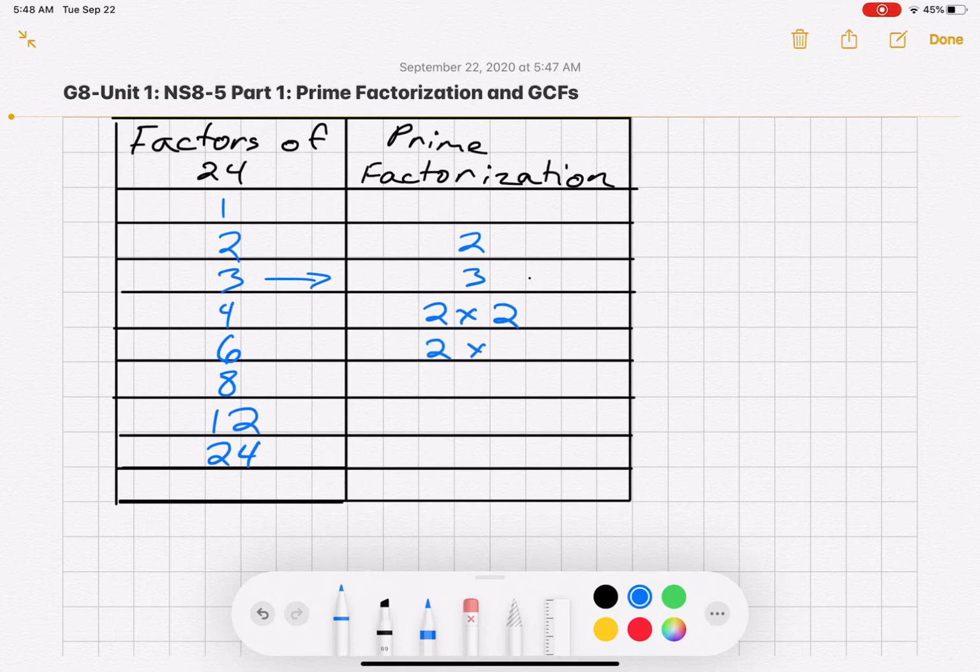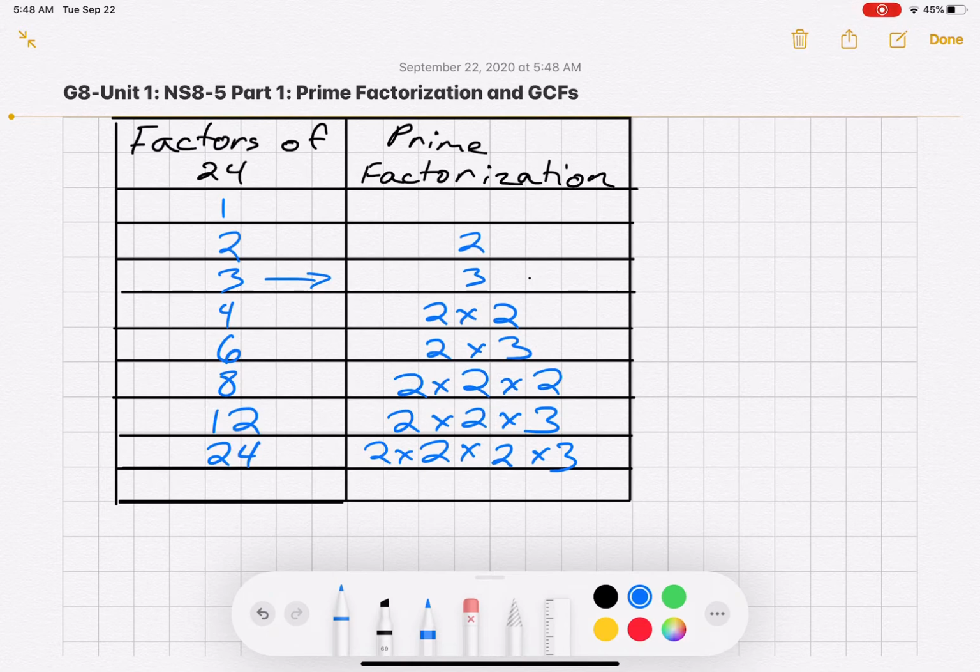All right, so 2 times 3. 2 times 2 is 4 times 2 is 8. 2 times 2 is 4 times 3. So 2 times 2 is 4, 8, and then times 3 is 24.